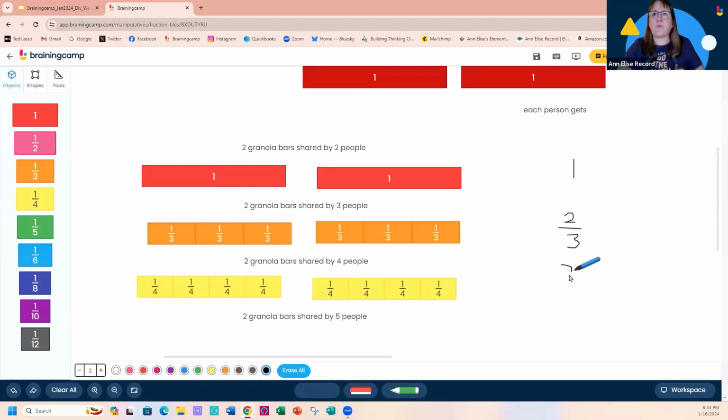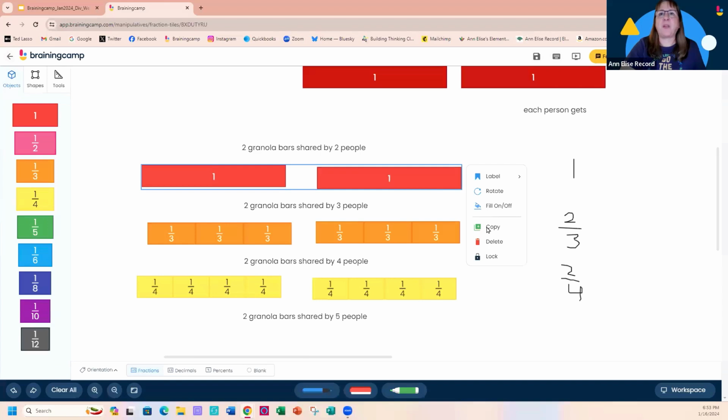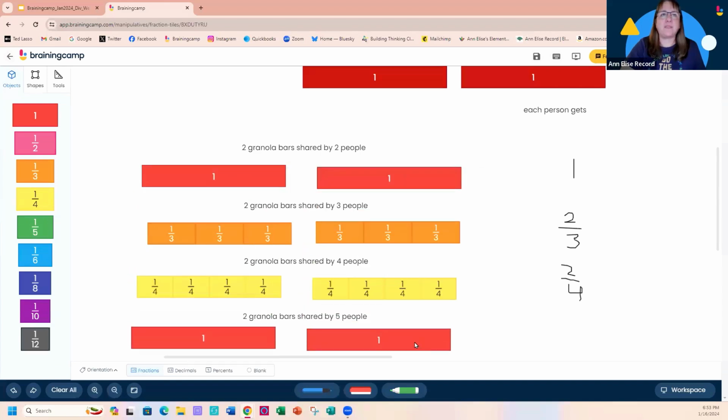And so they're getting 2/4 this time of a bar. And then same thing with the fifth. I just want you to see what you notice. What do you notice about what's happening with the context of the granola bars? These same 2 granola bars are being shared by different numbers of people. What do you notice?